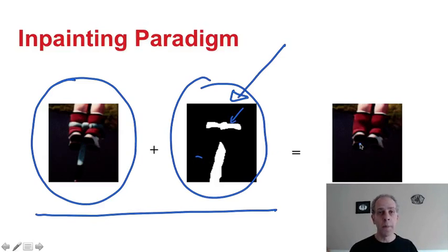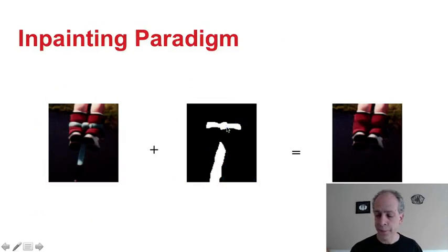And the first topic we're going to discuss is how do we inpaint with information from the surrounding regions. We're not going to take information from very far away. We are only going to use information from the surrounding regions. So we get two images, the original image and an image which is a binary mask representing the regions that we want to inpaint.